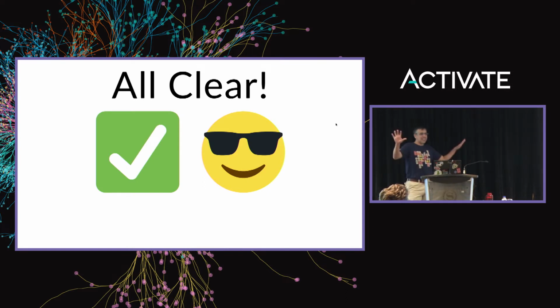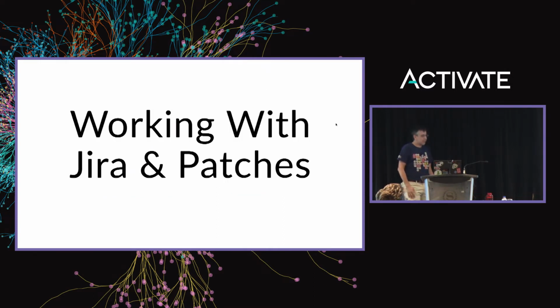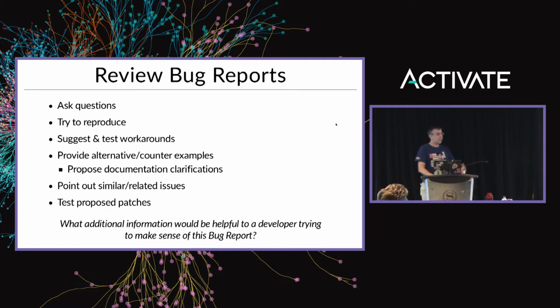Okay, so we're done with the technical talk, so let's go back to the high-level community stuff. I brought up patches and Jira. The community aspect, commenting on the documentation and sharing your thoughts on how it can be improved, that's all great. The next step is working with patches and Jira.